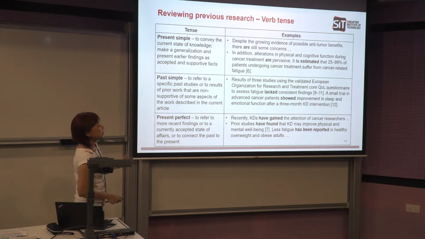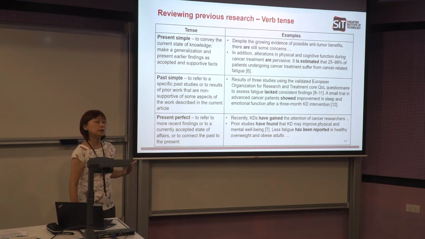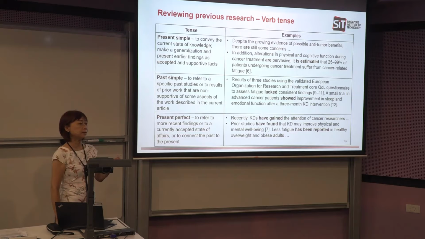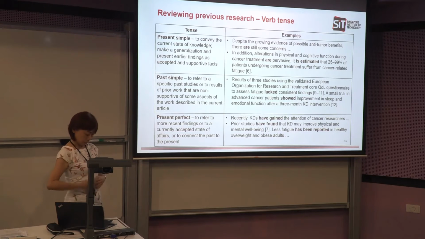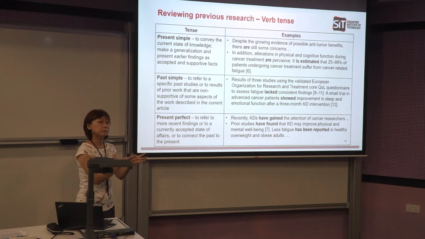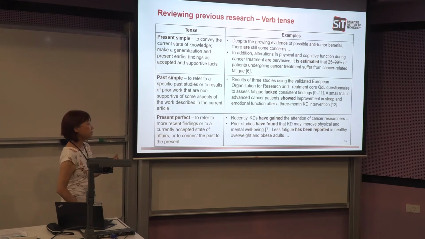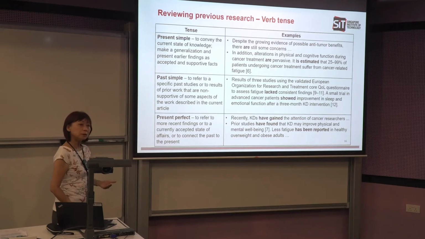So "recently, KDs have gained" also shows us that the authors accept the current situation. Okay, so "KDs have gained," "studies have found," studies in the past continuing into the present.